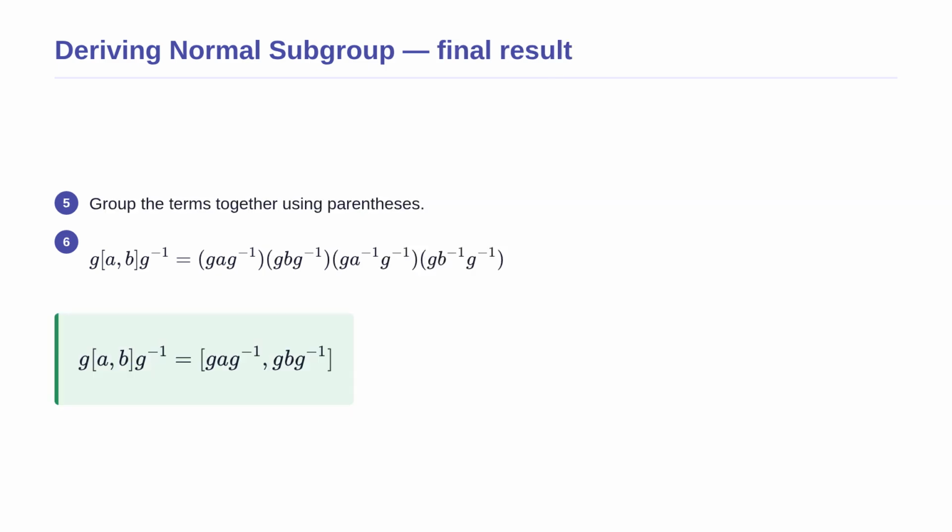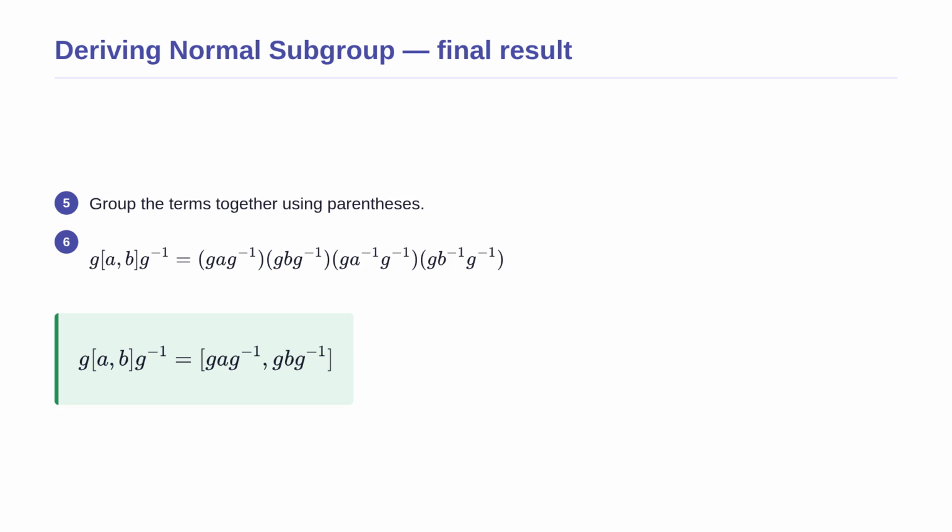Continuing with our expanded expression, we now group the terms together using parentheses. This transforms our single long string into a product of 4 individually conjugated elements. Looking closely at these 4 grouped terms, we recognize the exact mathematical pattern of a commutator.